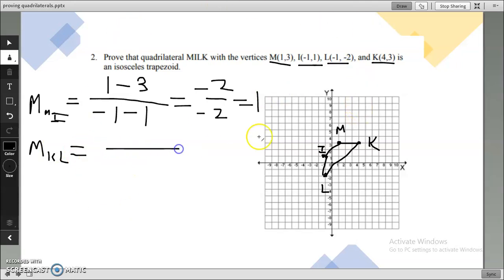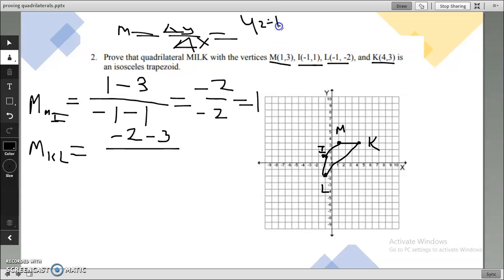So that is y2, which is -2, minus y1, which is 3, over, and by the way, just in case you don't remember, slope is the change in y over the change in x, or y2 minus y1 over x2 minus x1, or rise over run.